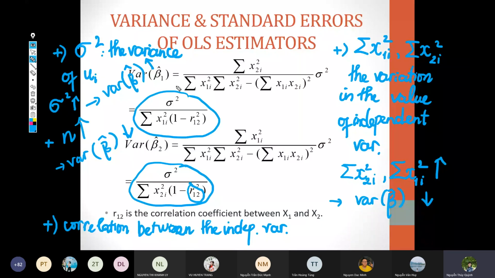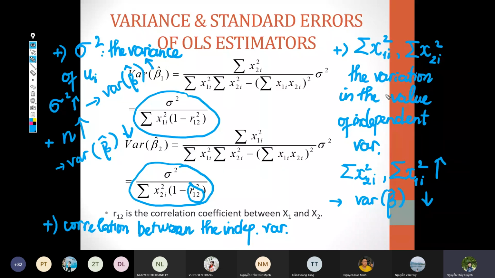All right. So compared to the two-variable regression model, in the two-variable regression model we have three factors that affect the precision of our OLS estimator. That is the sample size, the variance of the disturbance ui, and the variation of the independent variables.